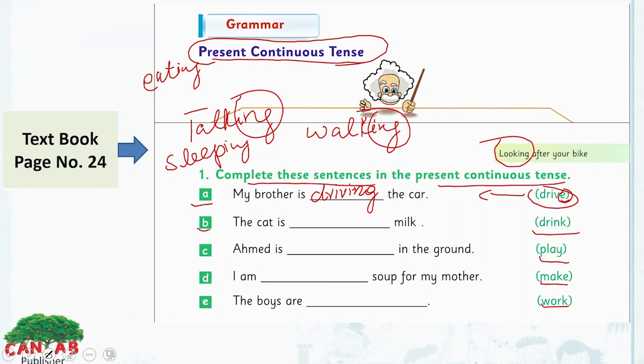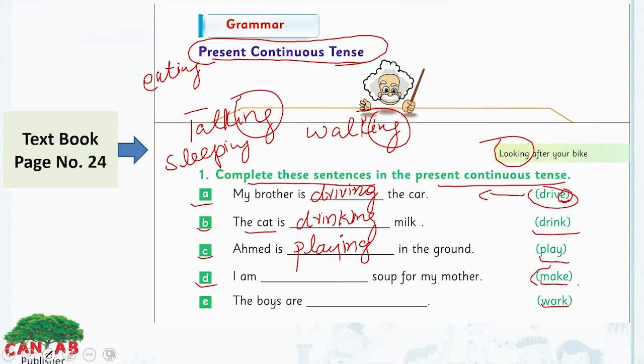B, the cat is, yes, drinking. C, Ahmad is, yes, playing in the ground. D, making.